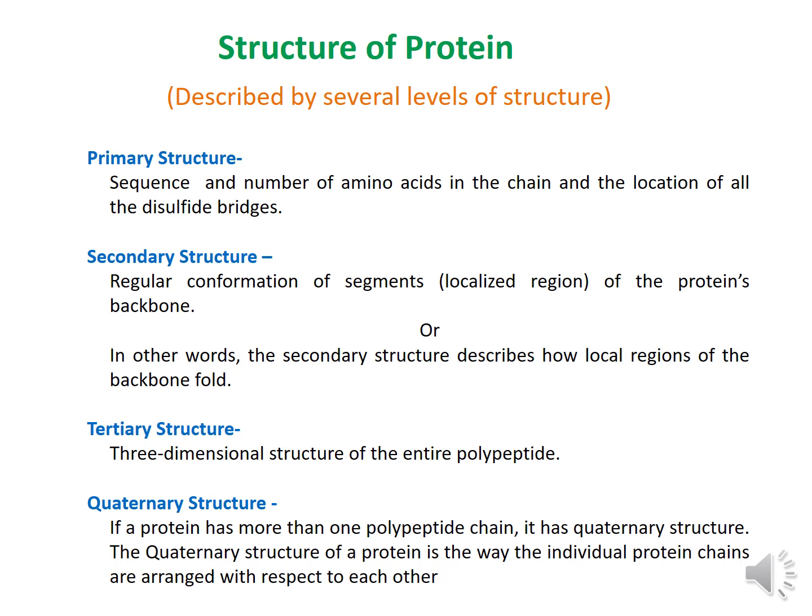For example, hemoglobin is such a protein with four polypeptide chains, and these chains are linked together by covalent bonds. Remember, four subunits are available, which are linked together by covalent bonds.